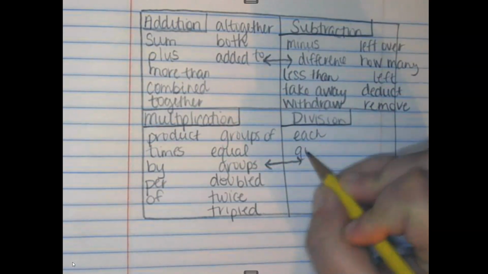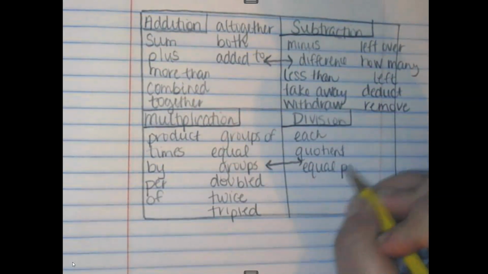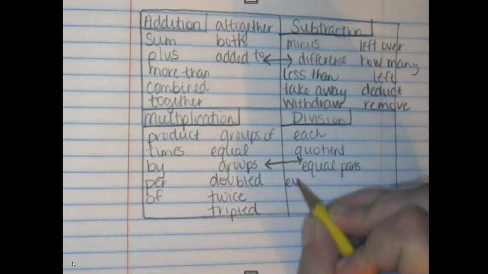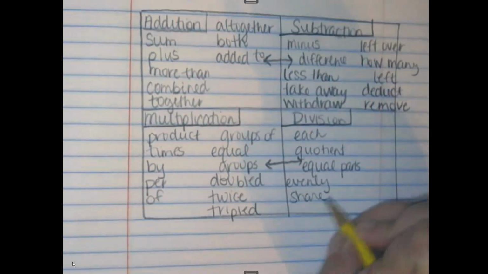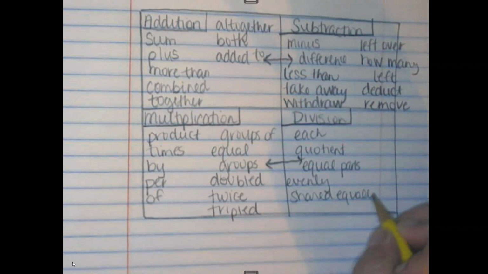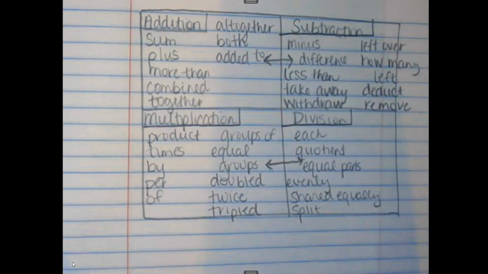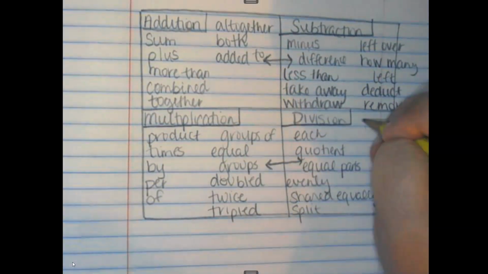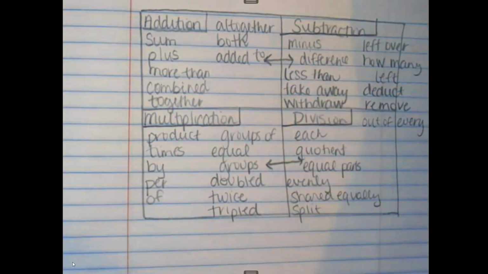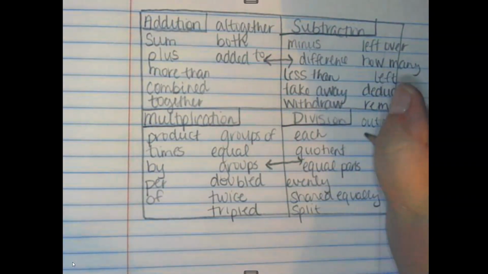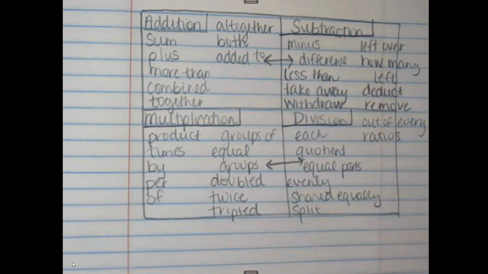We have quotient, equal parts, evenly, shared, equally, split, out of every. We could have it looking as ratios. Those are all division.